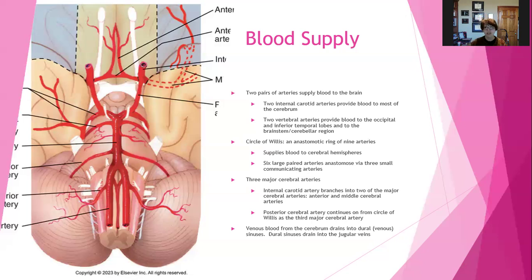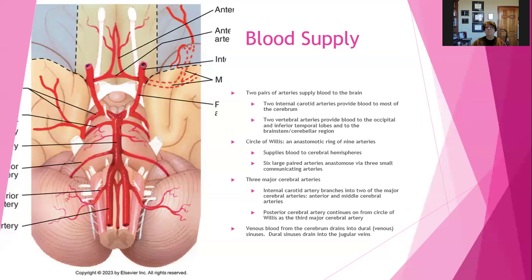A really large percentage of ischemic strokes happen to the middle cerebral artery. And so the things that we think of as being typical stroke symptoms are middle cerebral artery symptoms. So we'll talk about the distinguishing features of each.